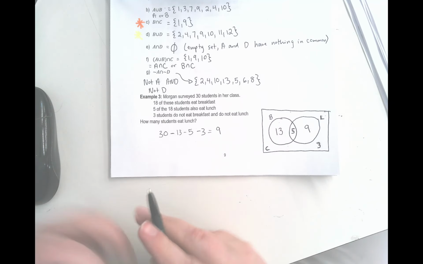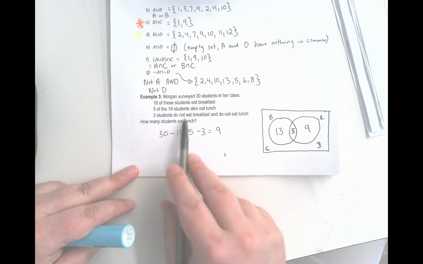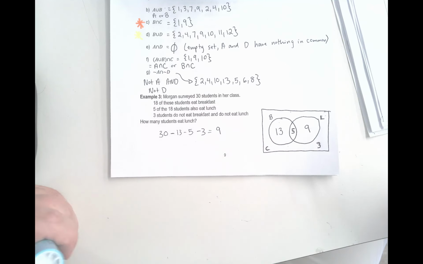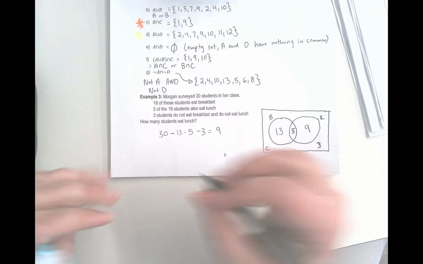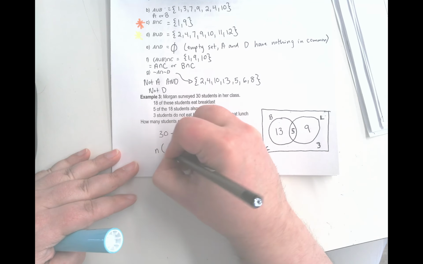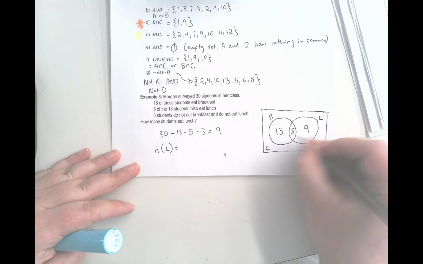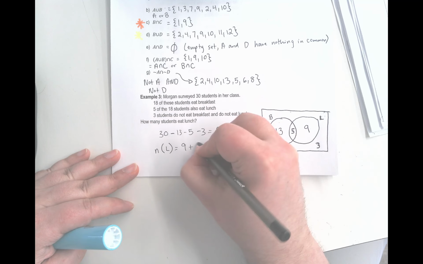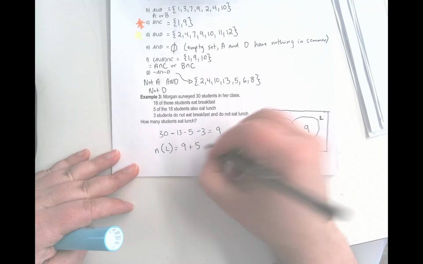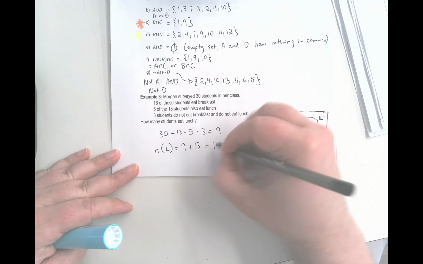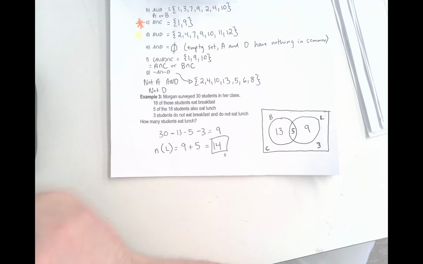So there are 9 students that just eat lunch, but we also have to consider the ones that eat breakfast and lunch. So the number of students that eat lunch is equal to the 9 that just eat lunch plus the 5 that eat both meals, which gives us a total of 14 students that eat lunch.